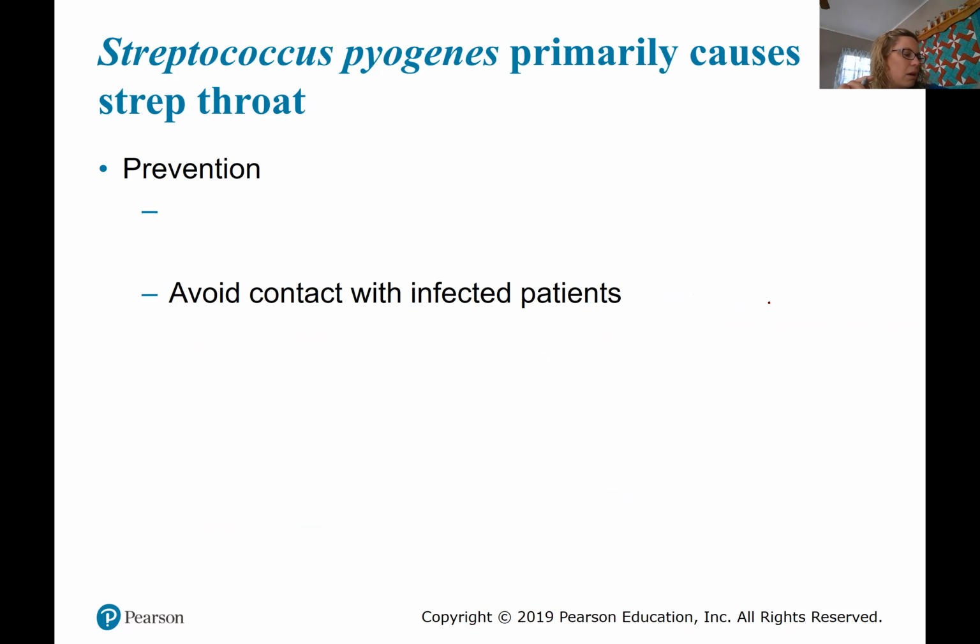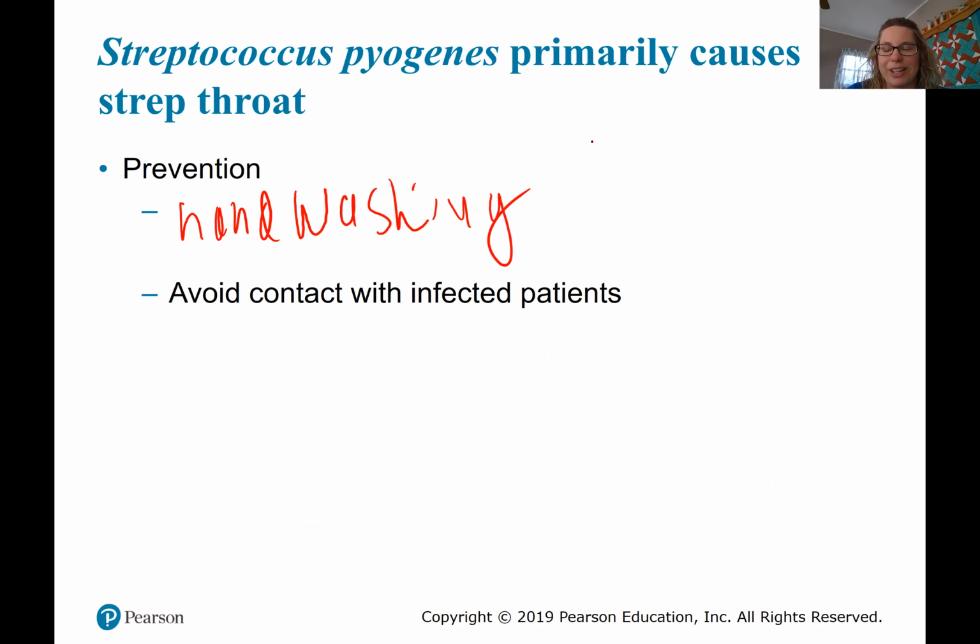Prevention of strep throat: wash your hands. That's basically our mantra when it comes to disease prevention, as you are all probably very well aware of with the whole pandemic going on. Wash your hands often. We did a great lab in class, right, to make sure that you know how you're washing your hands and making sure you're getting them clean.